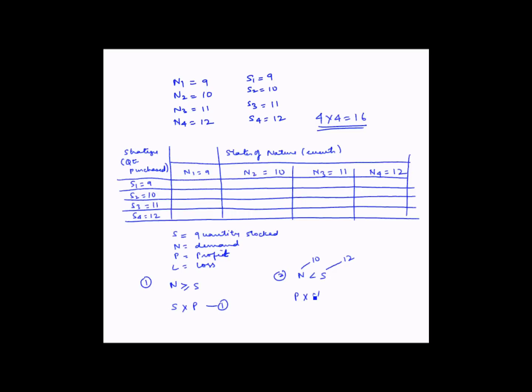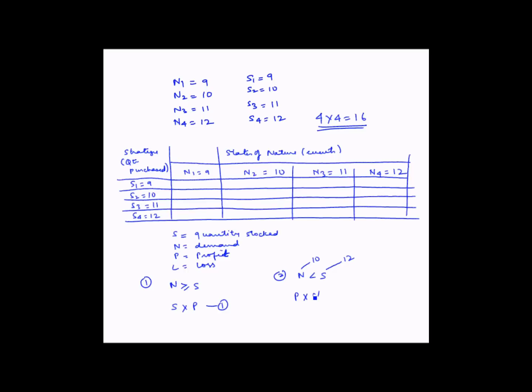Now for the remaining amount which we are unable to sell, which in this case is 12 minus 10, which will be 2, basically we'll go to the publisher and return it back. Now, in the problem it is given that if we return it back, we get only 50% refund. So we are losing 50% of the purchase price.